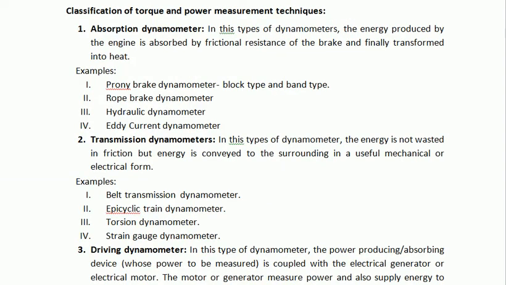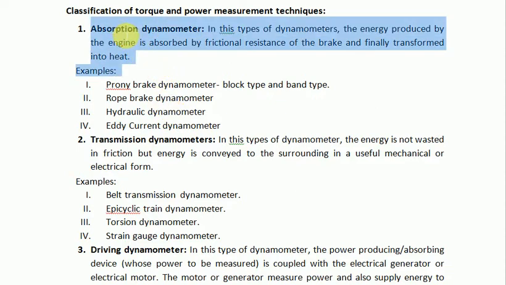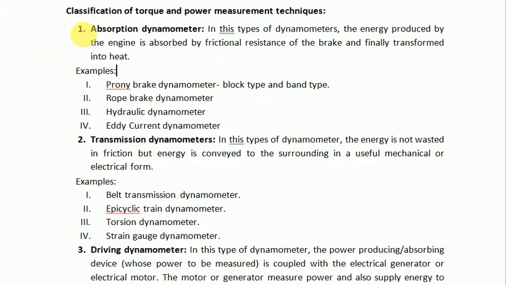You can see here there is a classification chart or table for the torque and power measurement techniques. Mainly there are three different types of torque measuring methods. The first is absorption type, second is transmission type, and third is driving type.